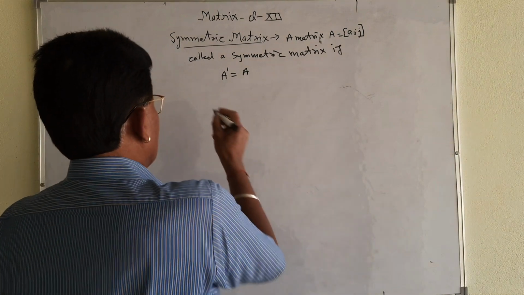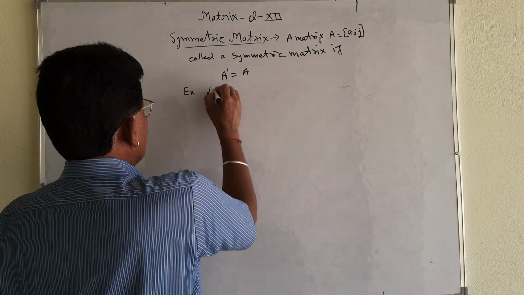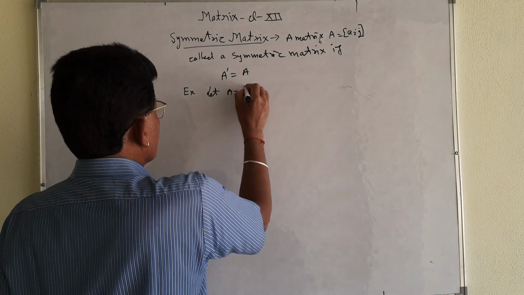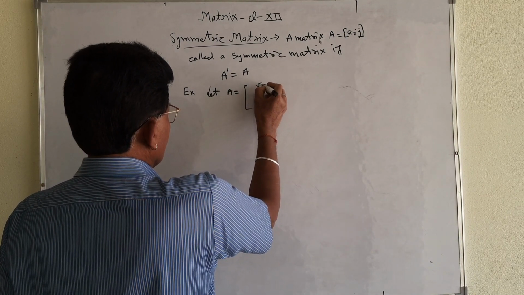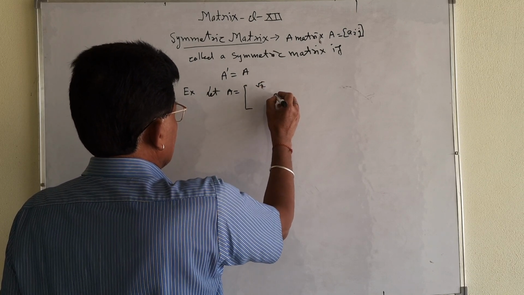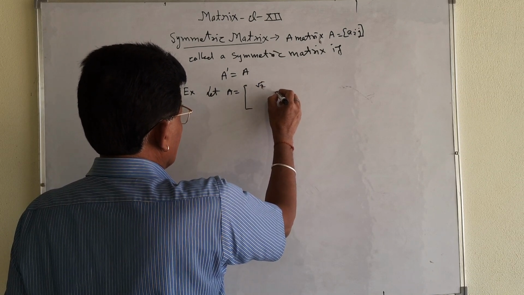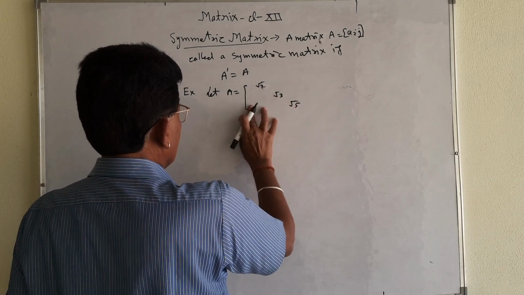Let me take the example. I will take a very important example. Let us suppose a matrix, I am just going to denote it: root 2. Diagonal elements I am going to take root 3 and root 5.